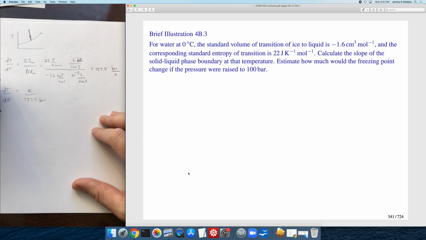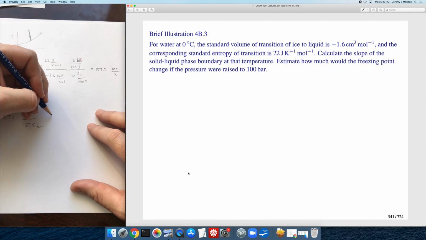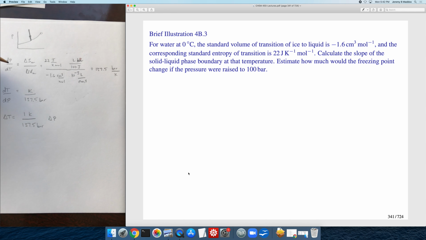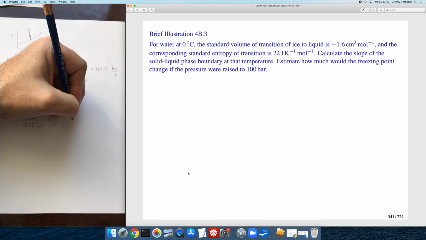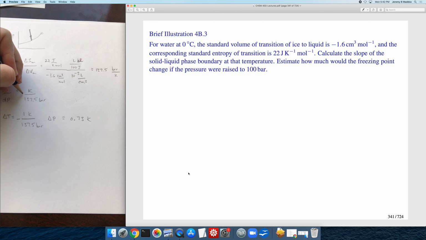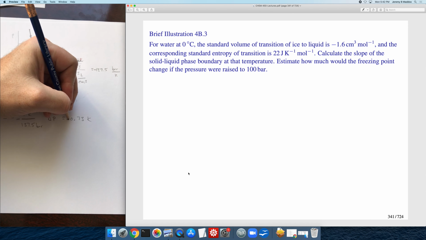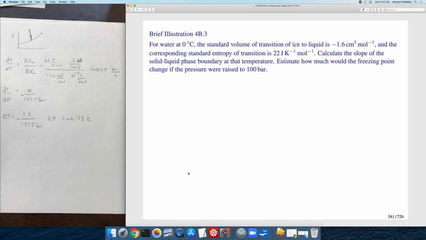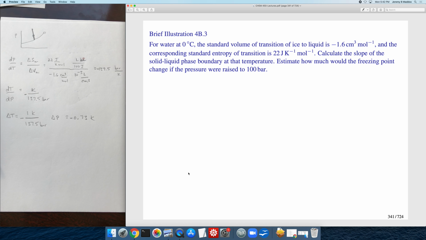So the delta T is equal to this slope multiplied by the delta P, which is 100 bars. So we'll get 100 divided by 137.5, and we get 0.73 Kelvin, and I forgot my minus sign here. So this should have had a minus sign. That still has a minus sign. And so we see that the temperature decreases slightly when we increase the pressure.